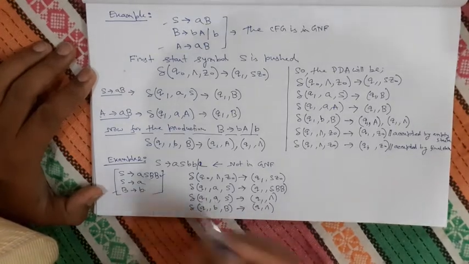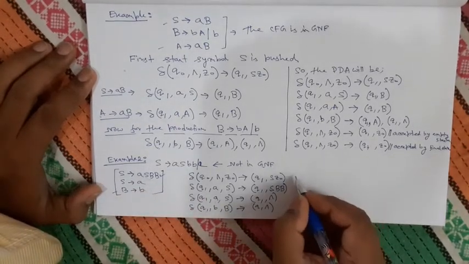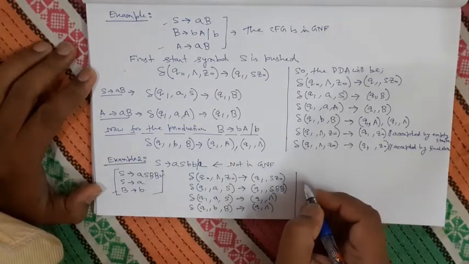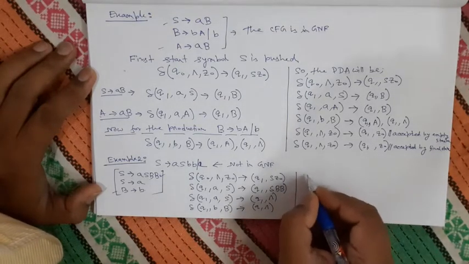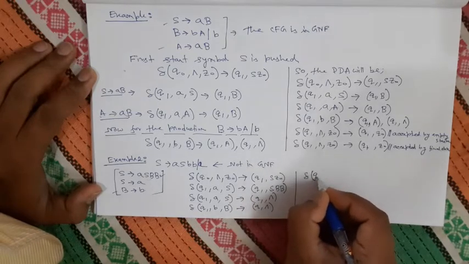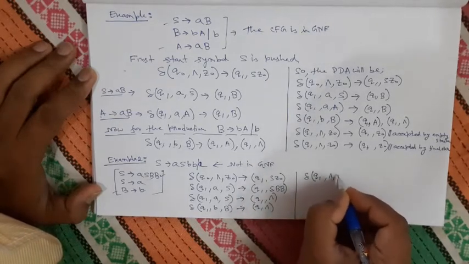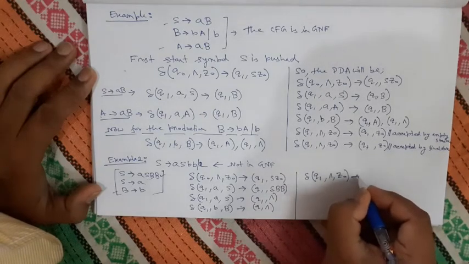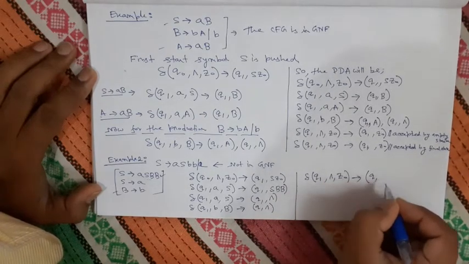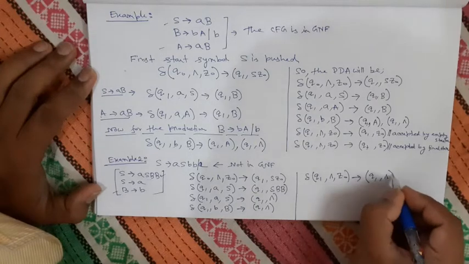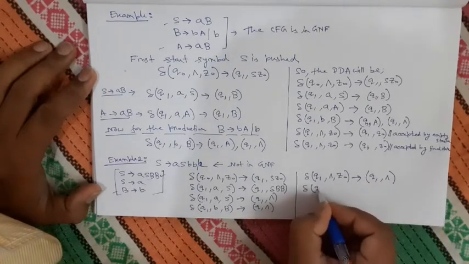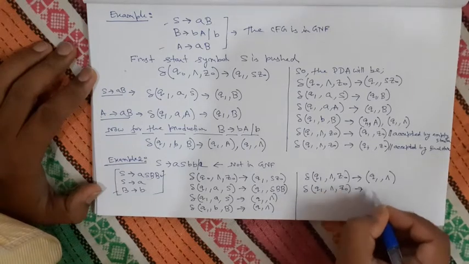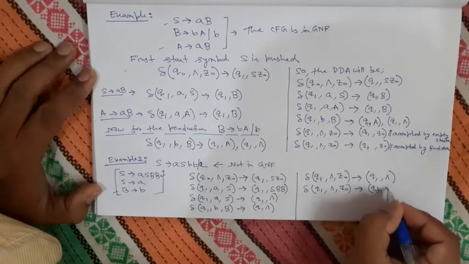So all the productions I have taken. Now I need to put another two. What are they? One for acceptance by empty stack, another for the final state. So it will be delta of Q1 comma null comma Z0 will be Q1 comma null, you can add Z0 also, and delta of Q1 comma null comma Z0 tends to QF comma null.